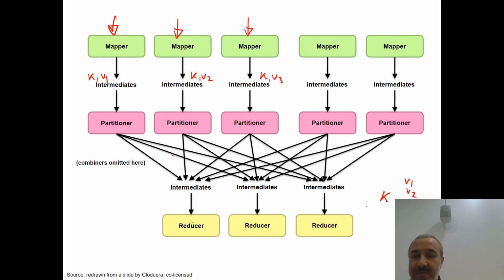But all of them eventually will go to this reducer. How will that reducer get all of them? It will have to copy this one from here, and this one from here, and this one from here, and so on. So the communication will have to happen between every reducer and every mapper.